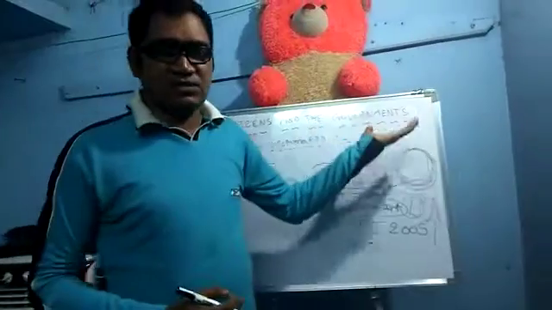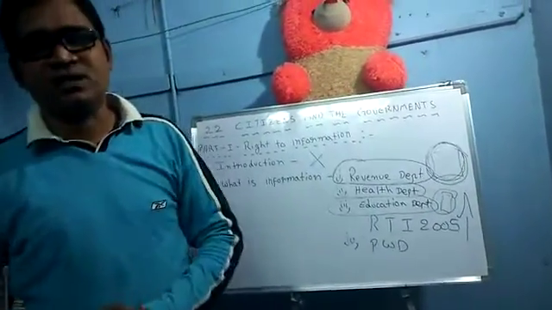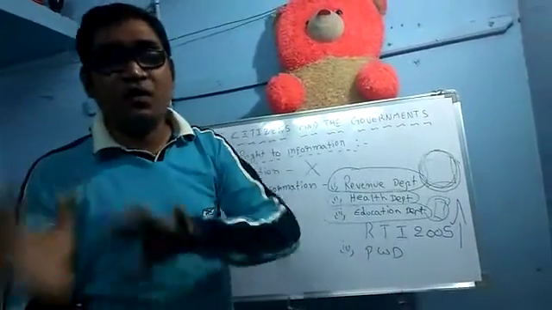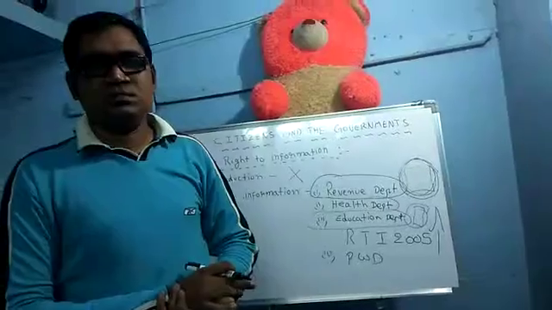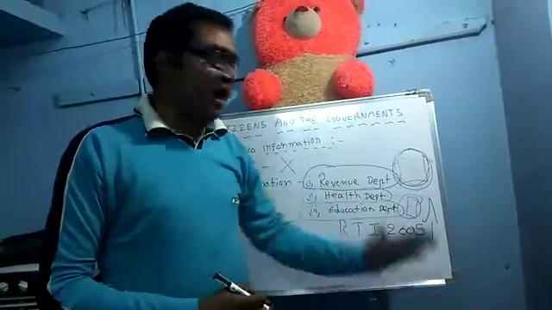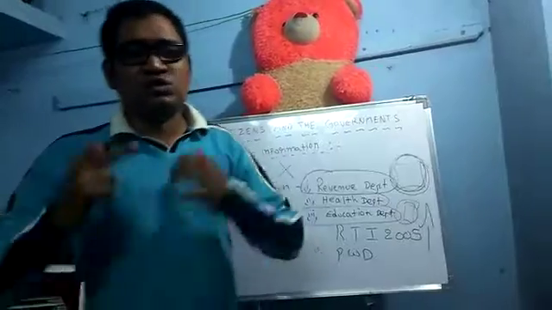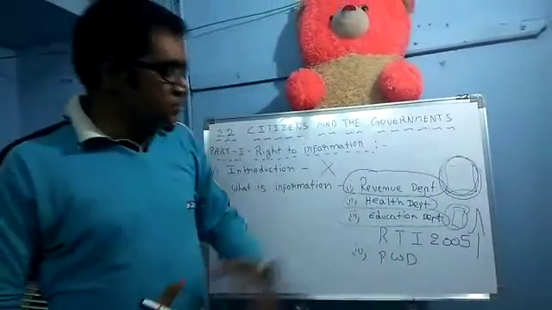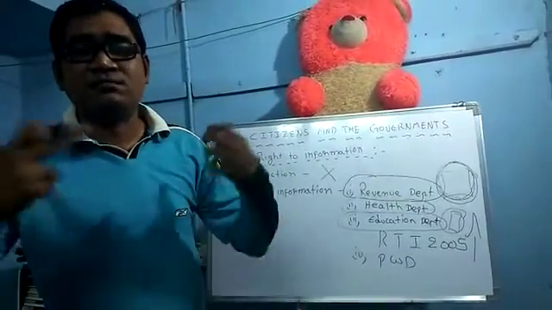Before the RTI Act, only they knew the information. We normal people didn't know any information before the RTI Act 2005. Later, the RTI Act 2005 gave power and rights to us. So if you want any information from any department, we can get it very easily.